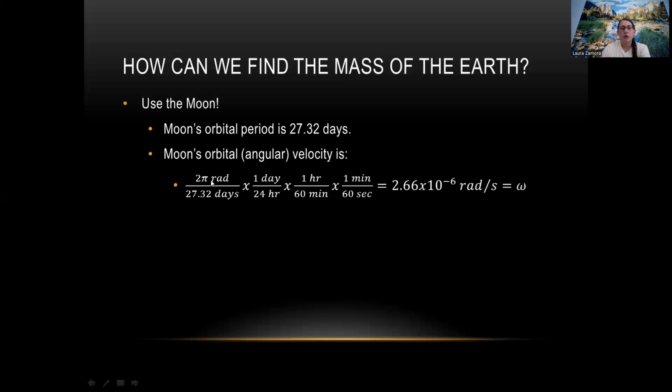And if it covers 2 pi radians in 27.32 days, we can calculate the angular speed from that. We know 1 day is 24 hours, 1 hour is 60 minutes, and 1 minute is 60 seconds. And so that gives us an orbital velocity of 2.66 times 10 to the negative 6 radians per second. Remember, the variable for angular velocity or orbital velocity in this case is lowercase omega.